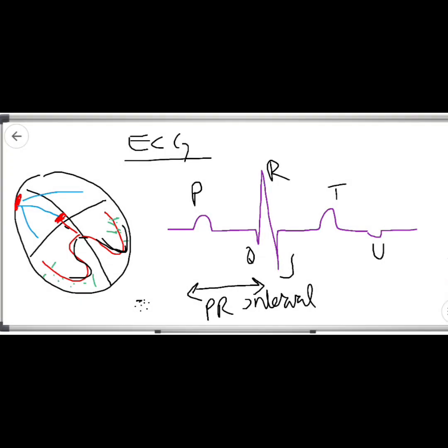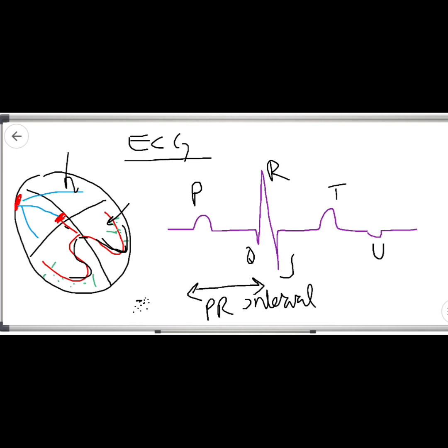This PR interval is the time between the atrial depolarization and the ventricular depolarization. The atria have to contract first and then the ventricles. So whenever an impulse reaches the AV node, the AV node holds the current for a fraction of a second, so that the atria contract first, followed by the ventricular contraction. This is denoted here as the PR interval.